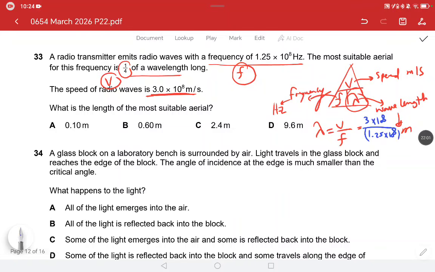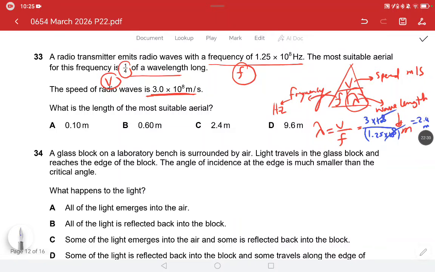It's better to use the fraction if you have a fraction button in your calculator. 1.25 times 10⁸. Oh, both of them are to the 10⁸. That's good. You can cancel them. So you can make that 3 over 1.25. Okay, so lambda here should be 2.4 meters.